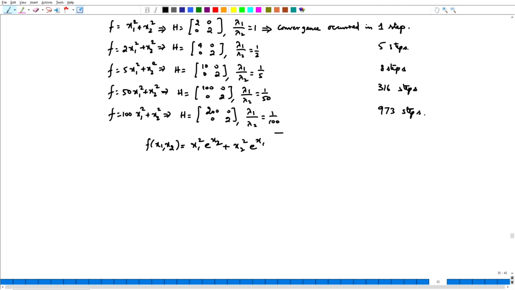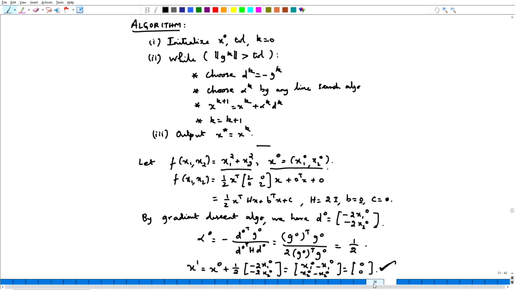Let us fix x0 to be 1 comma 1. I do not think there is anything else to be initialized. We are just going to implement this algorithm now. We have initialized x0, and the tolerance, as usual, we are initializing to 10 power minus 6. We will first choose dk equal to minus gk.